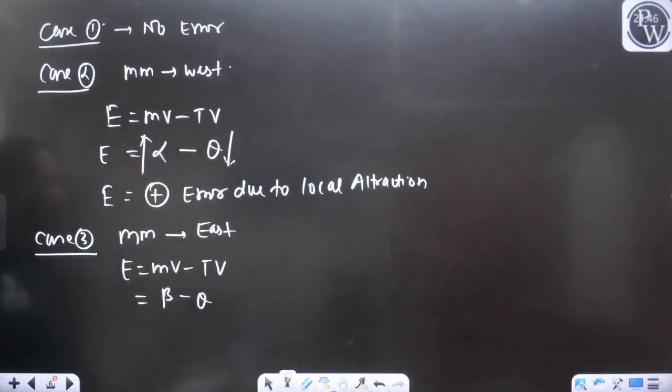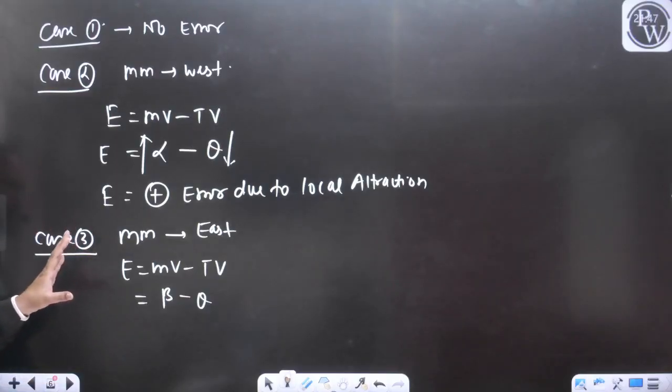No need to remember anything, just try to understand. Once you get the concept, these things are not required. So do not remember all these data: alpha, beta, theta, gamma, x, y, z.